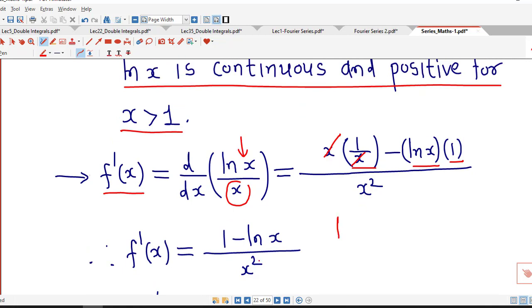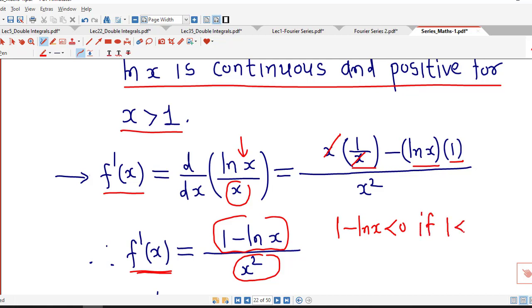Now x square is always positive because x is starting from 1, and 1 minus log x, so we require f dash to be negative. Because x square is always positive, f dash is negative if 1 minus log x is negative.